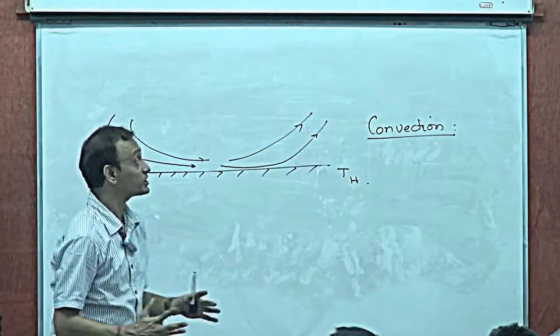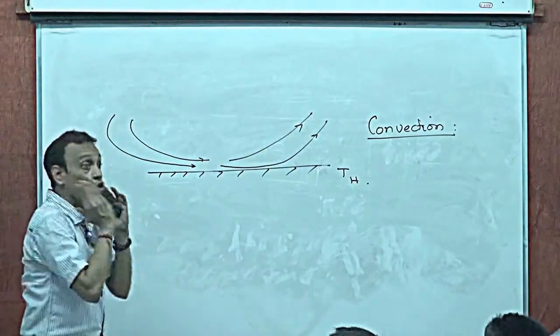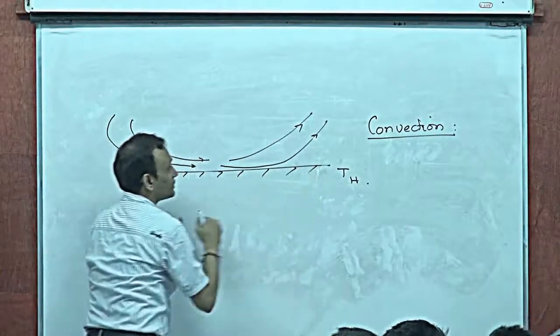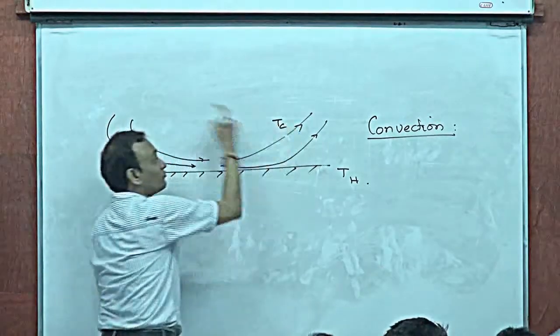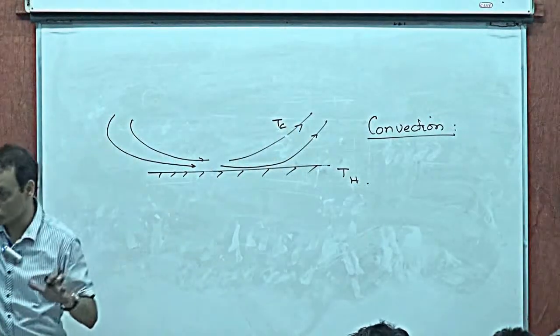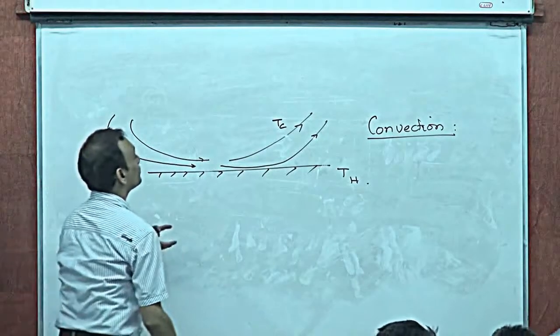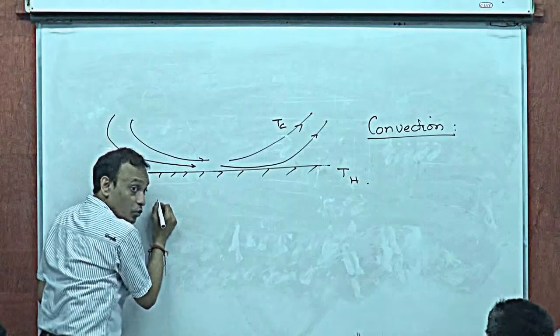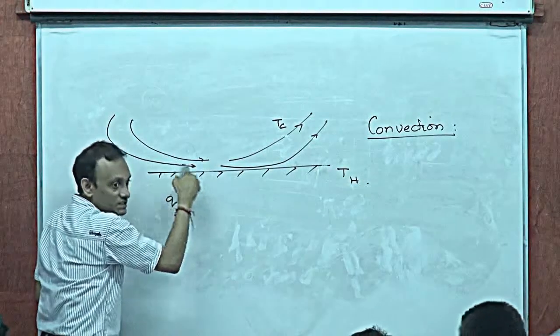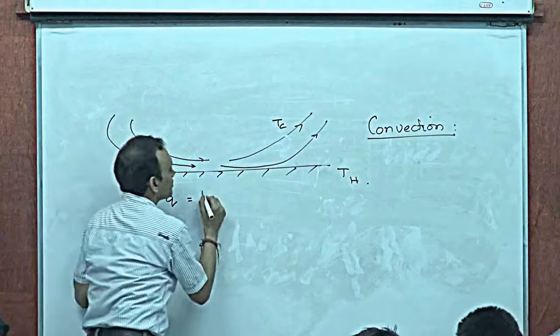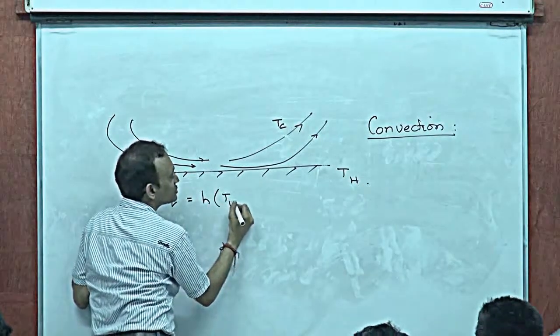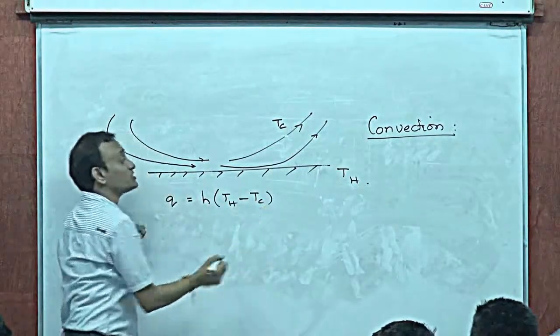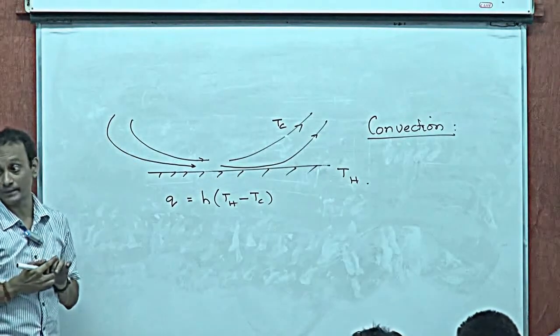The model associated, essentially, at any given instant of time: say Tc is the temperature of the fluid flowing over it, then the watts per meter squared associated with this is going to be given by some H into Th minus Tc, at any given instant of time.